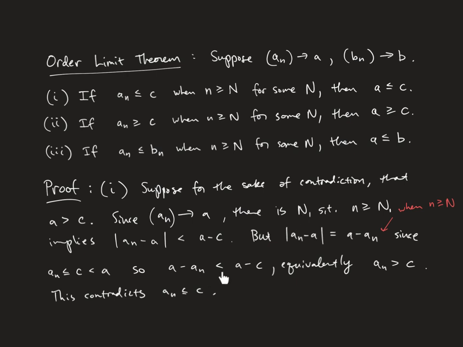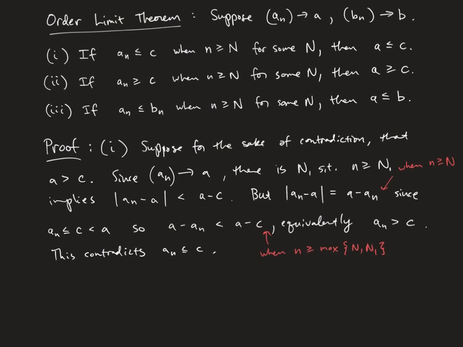So A minus a_n is less than A minus C when n is bigger than or equal to the max of N and N1. Sorry, I was insufficiently attentive to detail there. You just have to be precise about where your little n's are coming from. But that's a simple fix, and that will complete the proof.